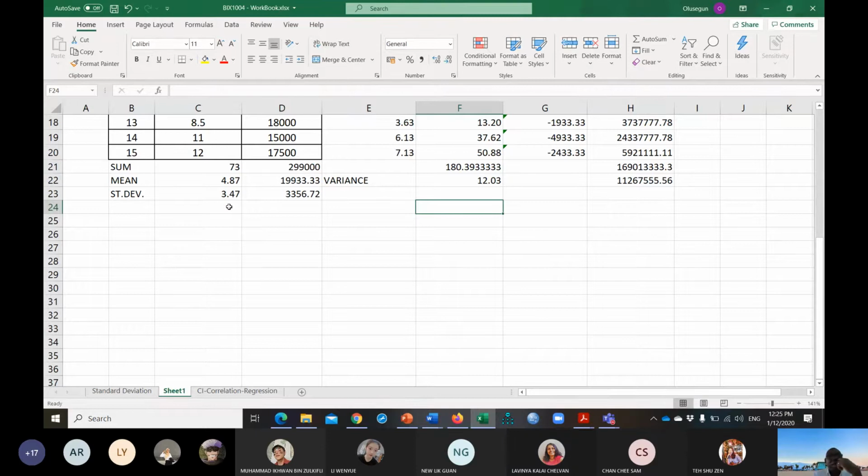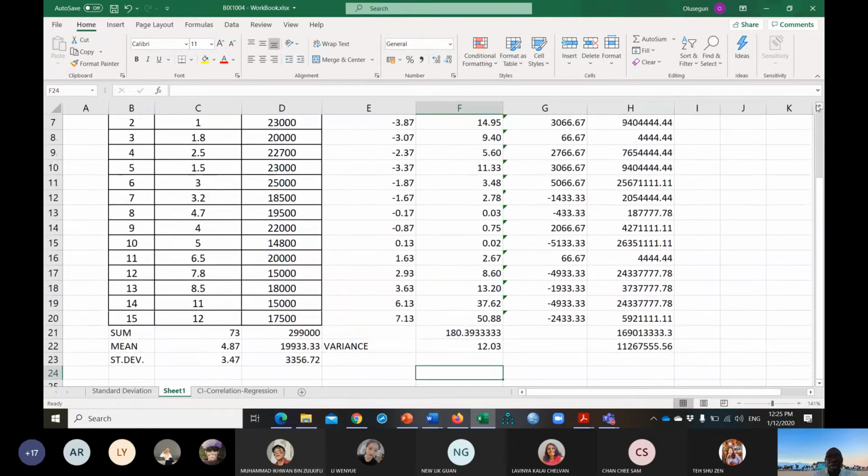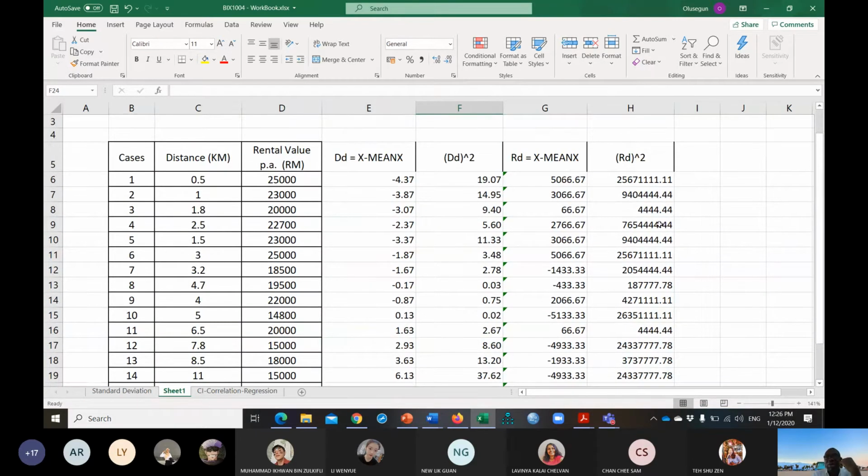You follow the statistics. So this is what is expected, and this is all the working that you are expected to show: how you fill in the table and how you calculate step by step. All these steps are going to be marked.